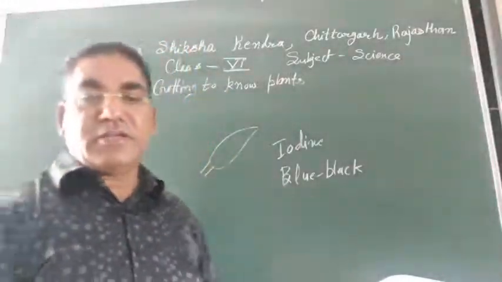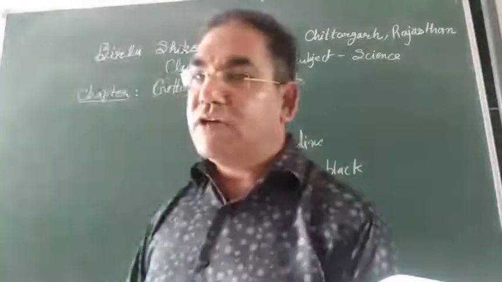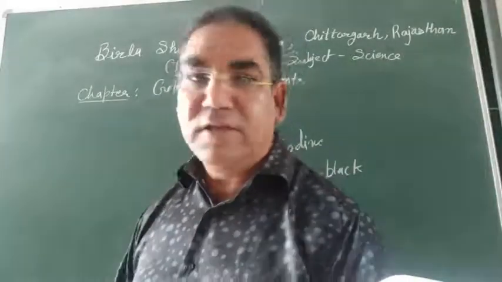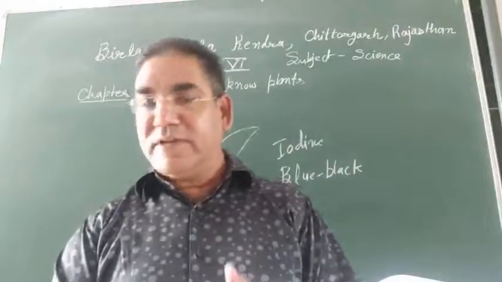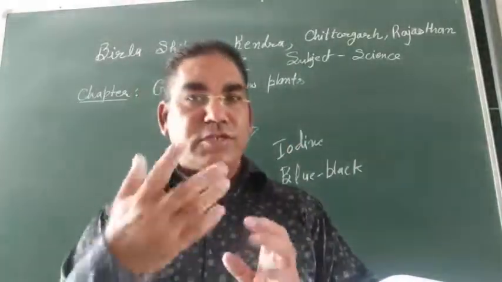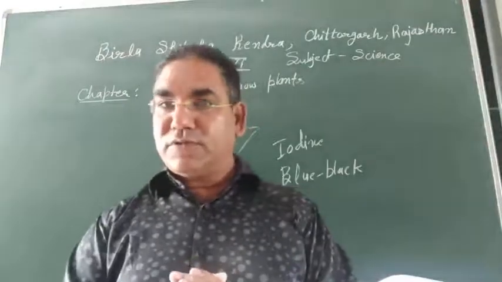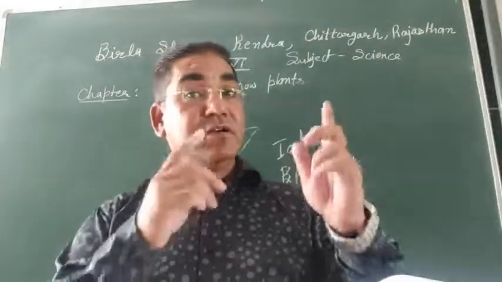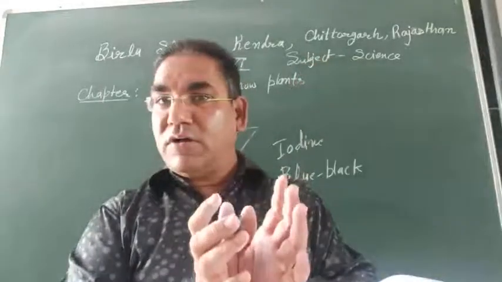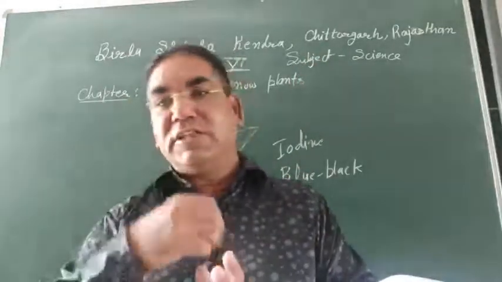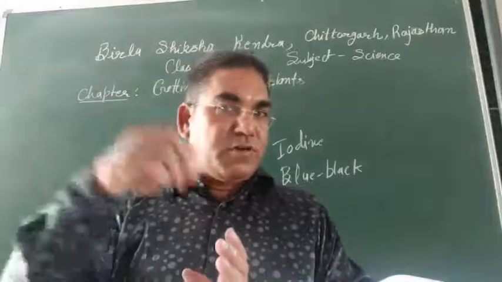हो गया? चलिए नाउ जल्दी से फंक्शंस देख लेते हैं हमारे लीफ के. नंबर 1, फोटोसिंथेसिस, site of photosynthesis. Second, transpiration. Transpiration occurs through stomata, small pores present in the leaves.